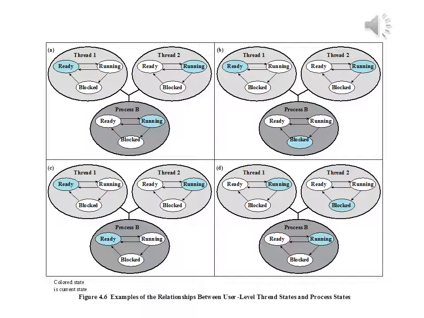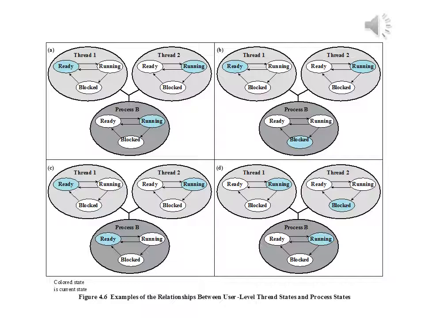The corresponding state diagrams are shown in Figure C on the lower left of the slide. Thread 2 has reached a point where it needs some action performed by thread 1 of process B. Thread 2 enters a blocked state, and thread 1 transitions from ready to running. The process itself remains in the running state. The corresponding state diagrams are shown in Figure D on the lower right.